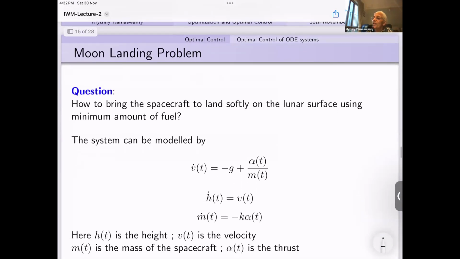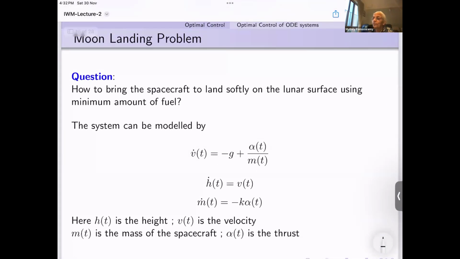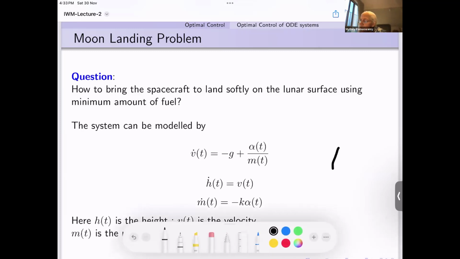Okay, why did this kind of problem come up? The moon landing problem is a typical example which everyone will give you. So the basic question in space dynamics is: you are in a spacecraft and you have to land on the lunar surface without banging on it.